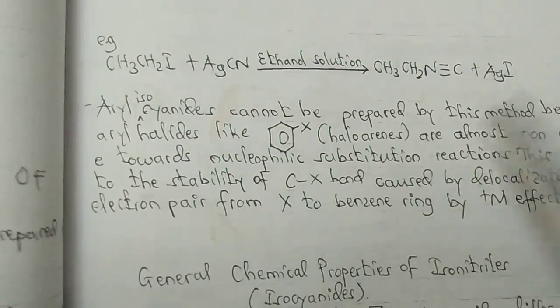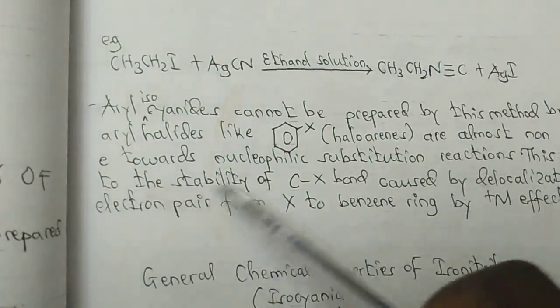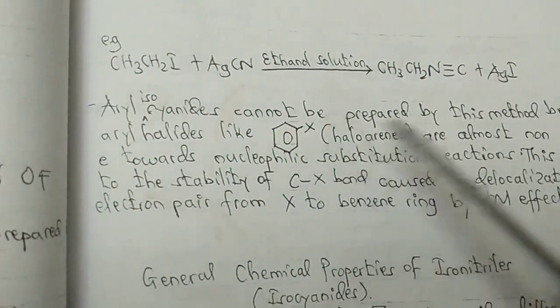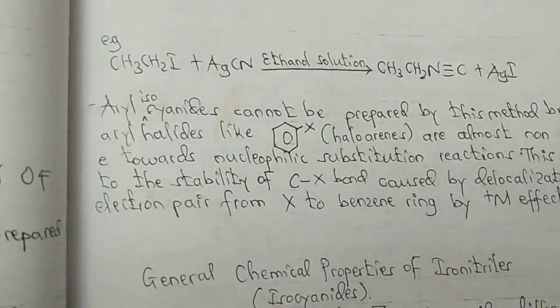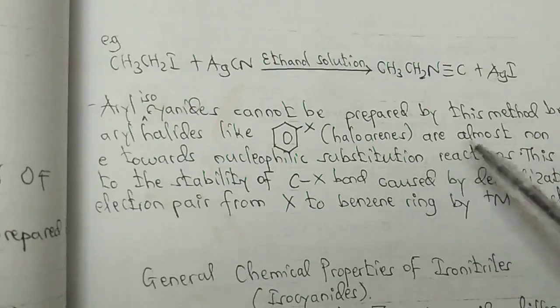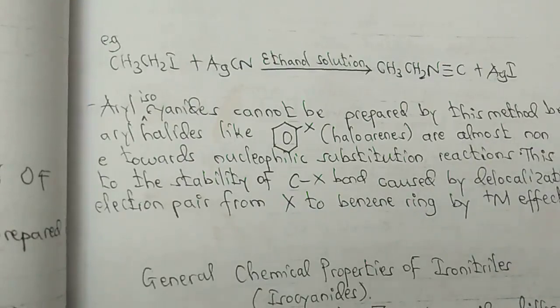Aryl isocyanide cannot be prepared by this method because the aryl halides like this one are almost not reactive towards nucleophilic substitution reaction. Unaona, they react by other categories of reaction, electrophilic. So this is due to the stability of the carbon halogen bond caused by the delocalization of electron pair.